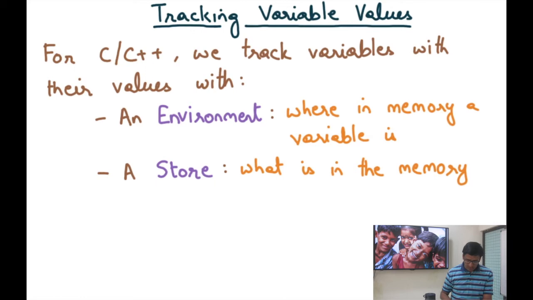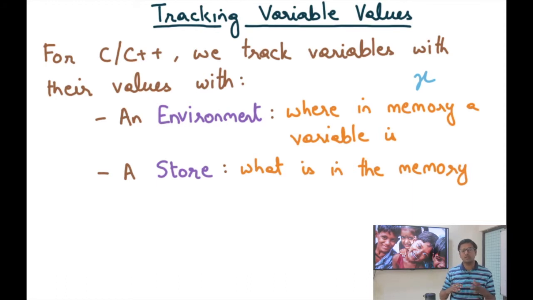So for a C++ like language, we track variables with their values, and to do that we have two things. One is the environment, which says where in memory a variable is. So if I say a variable x, then the environment is going to say that x lives at location, let's say 100, or 10,000, or whatever.